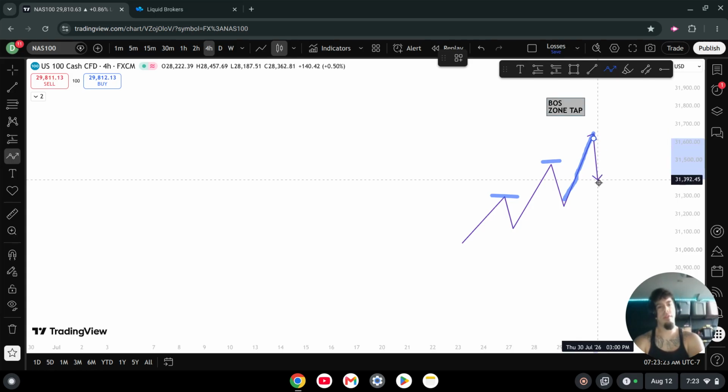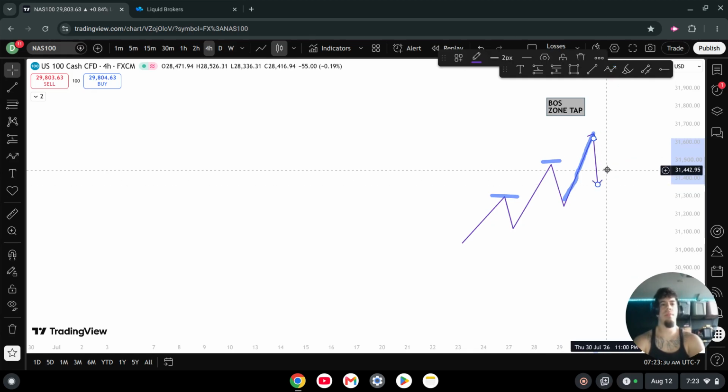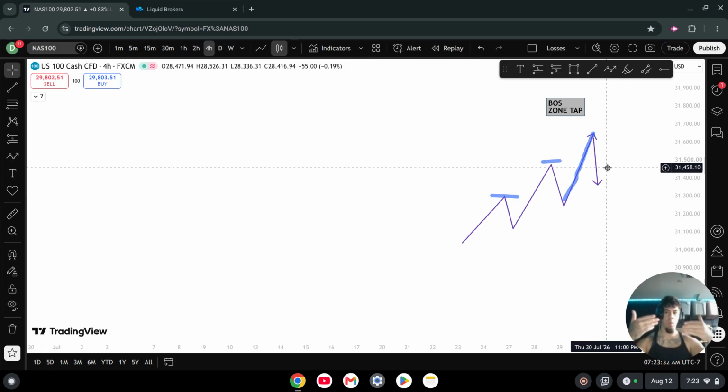We need to wait for it to pull back. Just like the ocean, you have the wave that comes to the edge or the surface of the sand. It pushes and then it comes back and then does it again. The same thing with trading. You have an impulse and then a pullback, an impulse and a pullback.